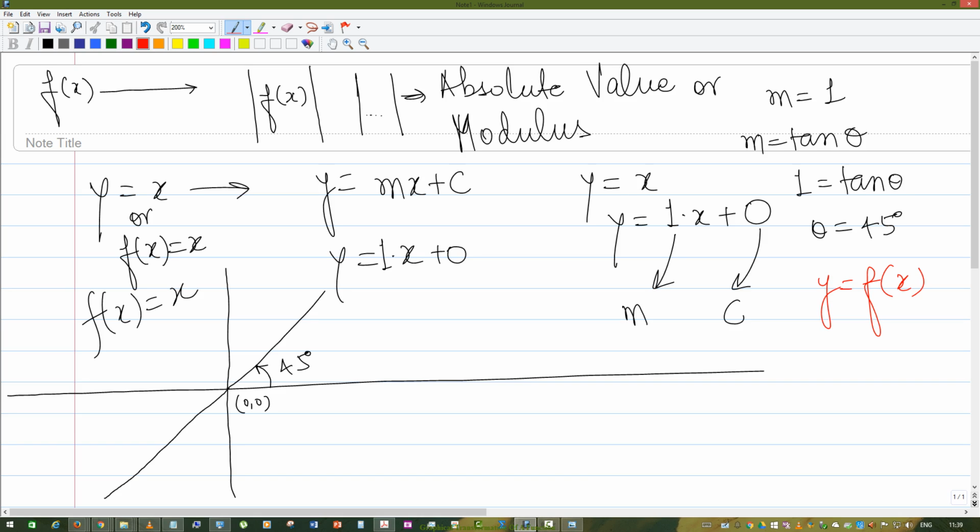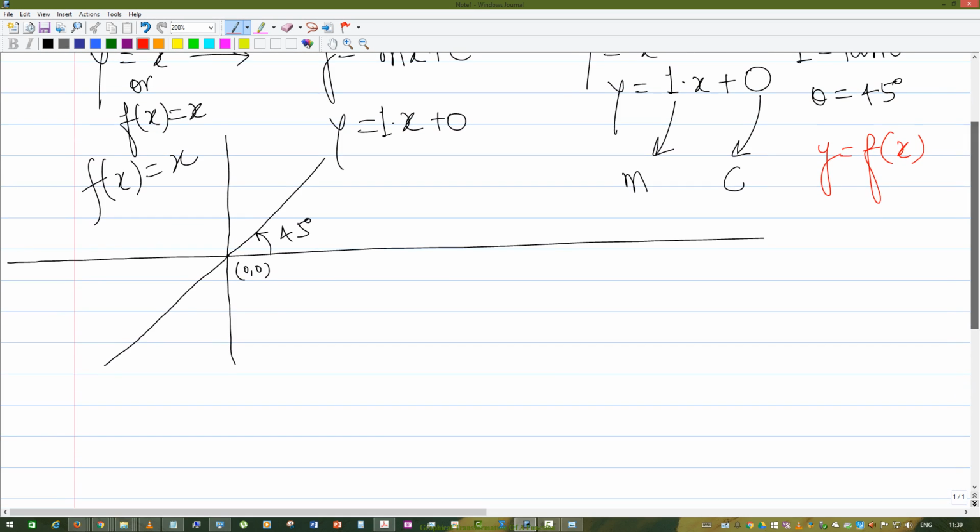Now, if the function is on the xy plane in the rectangular coordinate system, wherein I have two straight lines cutting each other perpendicularly, this is a plot on the yx plane.